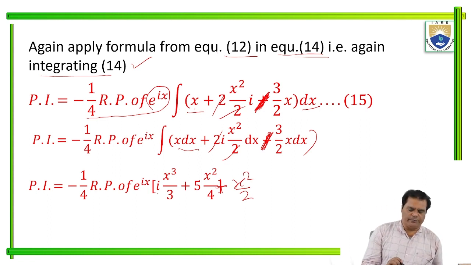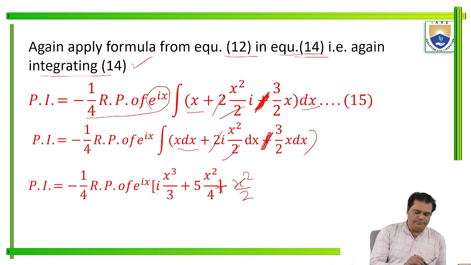So 3 by 4, this is minus x square by 2. Correct.